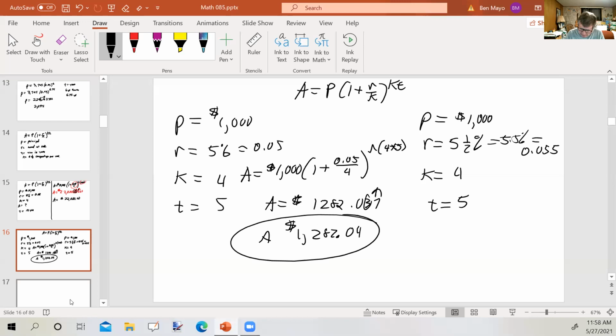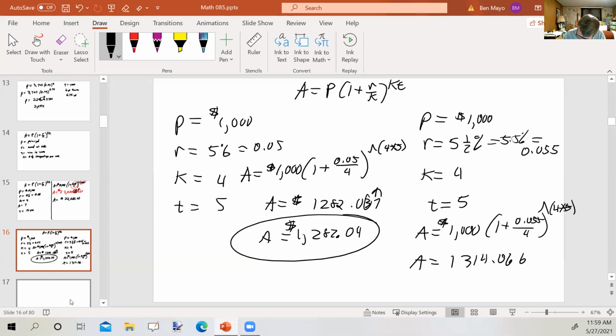Now let's go back and do the second one, where A equals 1,000 times 1 plus 0.055 over 4 raised to the 4 times 5 power. 1,000 times 1 plus 0.055 divided by 4, close it up, raised to the power, parentheses 4 times 5, close it up, and I get 1314.066.